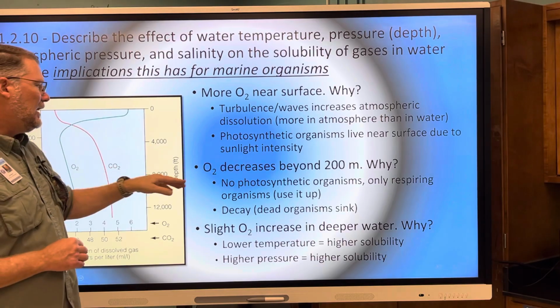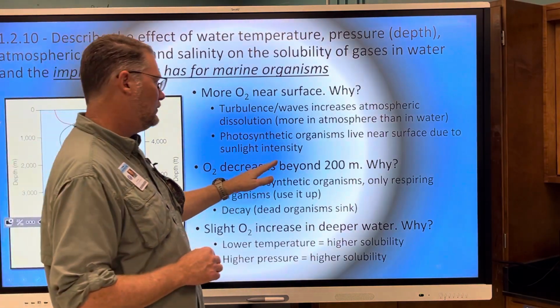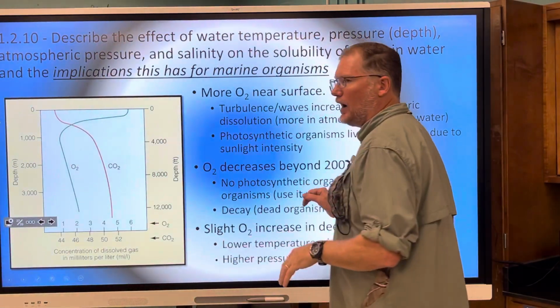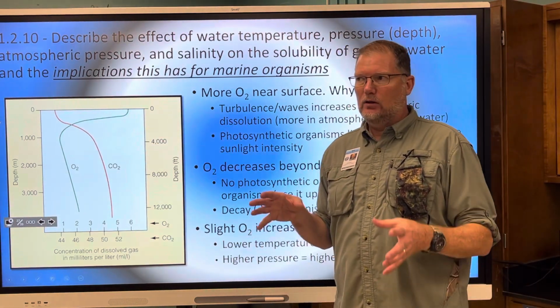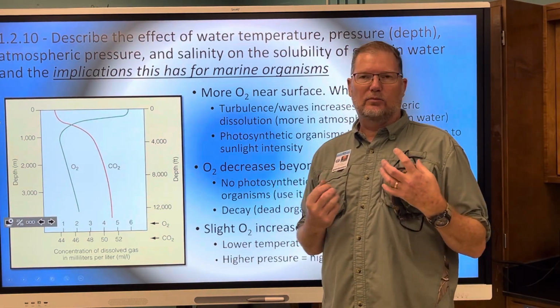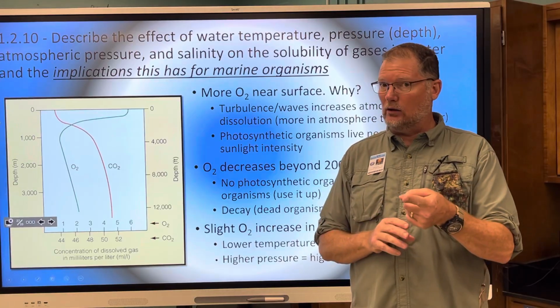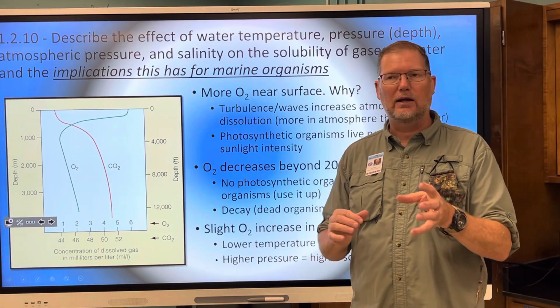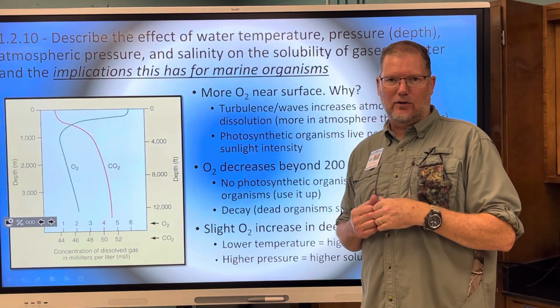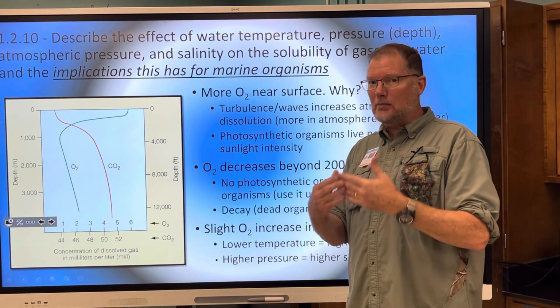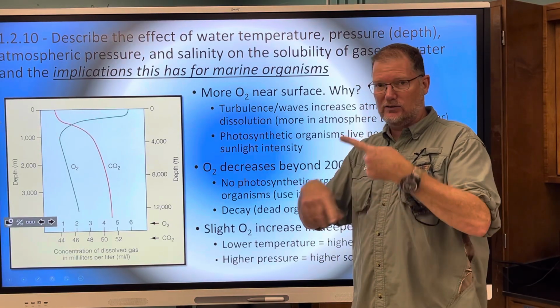Okay, and again, that's no photosynthetic organisms, only respiring organisms. So below the light level, you only have organisms, and we're talking about plankton as well, not just big fish, okay, that are using up that oxygen in that region. And none's being made, so it has to mix.